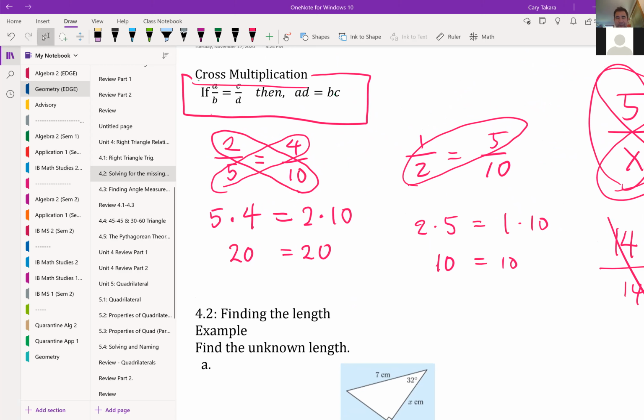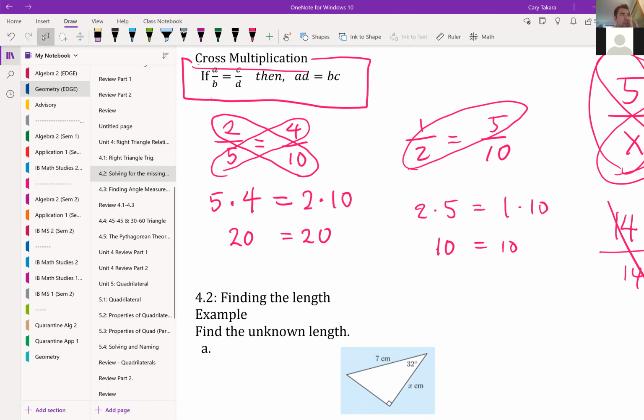Again, one thing I want to mention: you can use cross multiplication only if you have one fraction equal to another fraction, okay? Then you cross multiply. But if you are multiplying two fractions together, for example, 2/3 times 1/5, this is not cross multiplication.